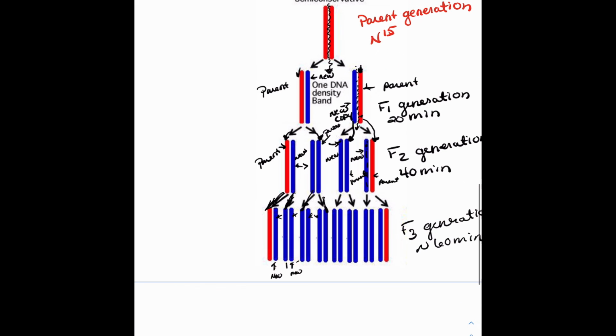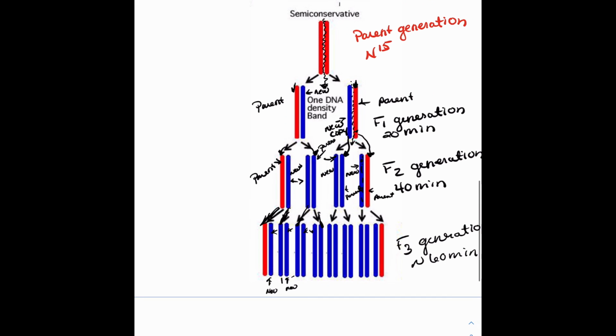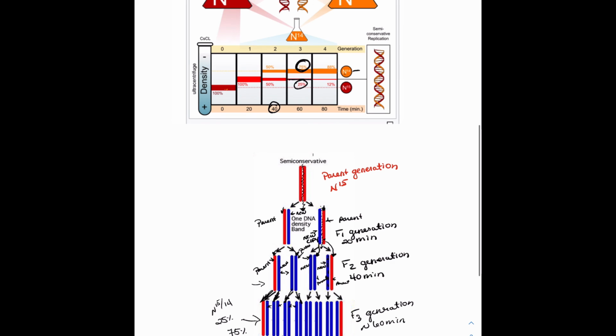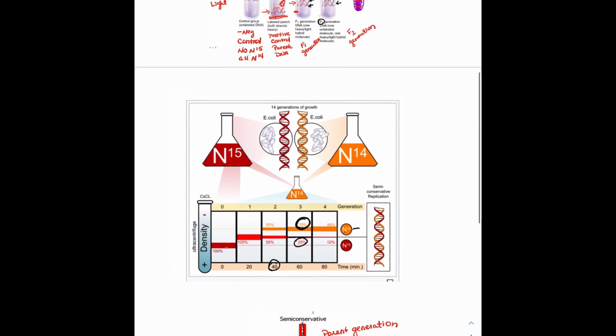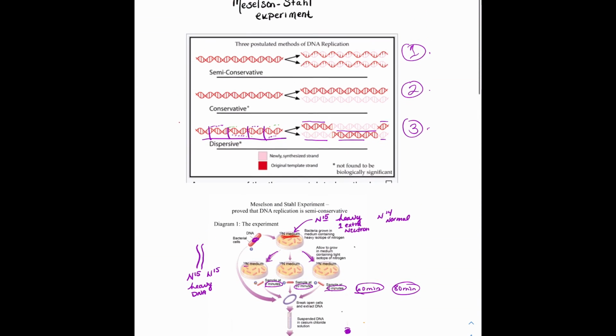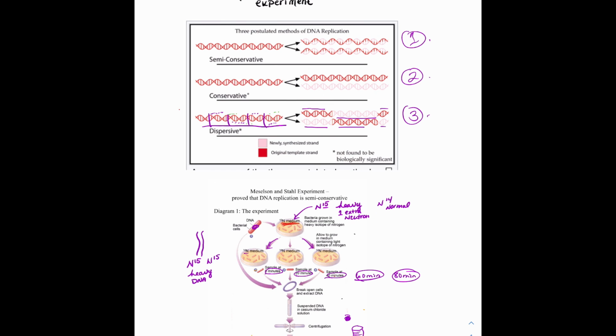And that's exactly what you're seeing here. That's for your F2, and this is what you're seeing here. This is that 75% is N14, and then 25% is N15, N14 hybrid.